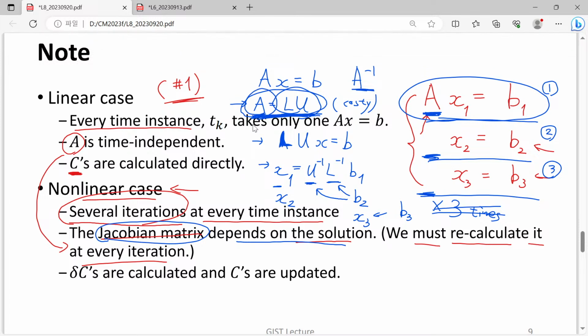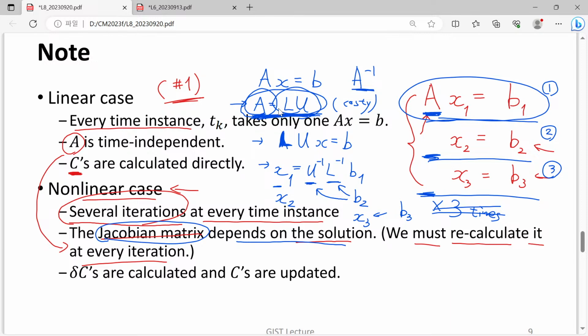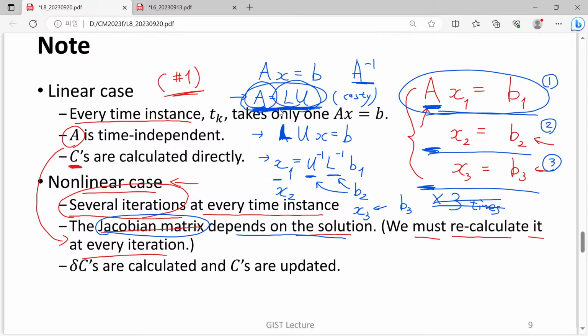So once again, when we have a new problem, we must spend the same amount of time for LU decomposition of our new Jacobian matrix. Simply speaking, compared with our previous linear case, the nonlinear case introduces a lot of difficulties and longer simulation time.